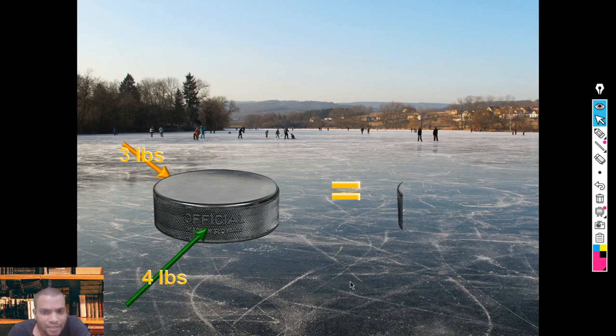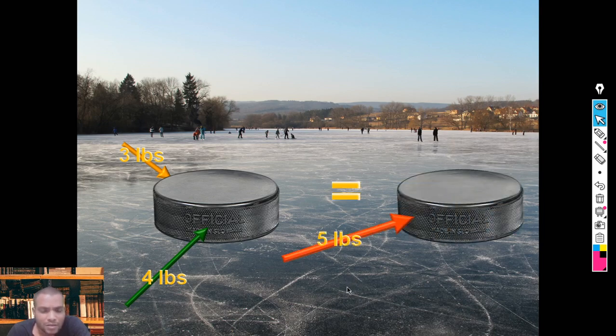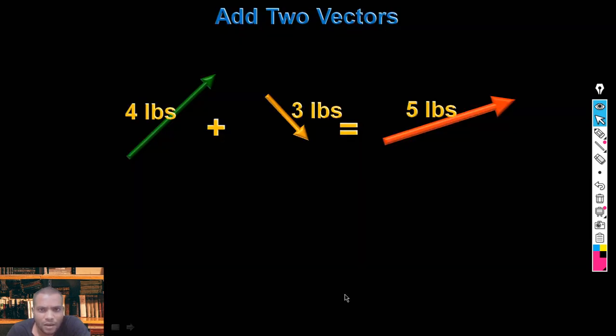So we should add these two vectors. As in the previous example, the first vector head and second vector tail should join, and we get the resultant vector. This is also known as the triangular method.